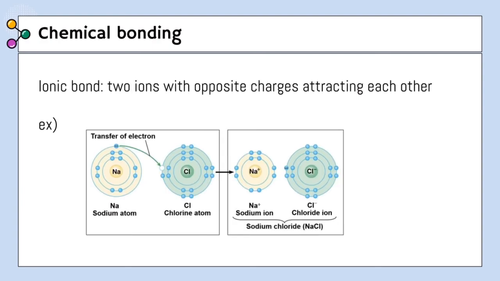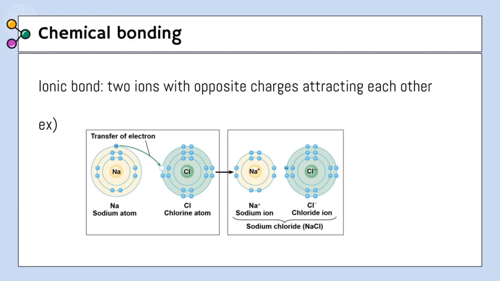Two ions with opposite charges attract each other, and when the attraction holds the ions together, it is called an ionic bond. The ionic compound formed by ionic bonding is called a salt.